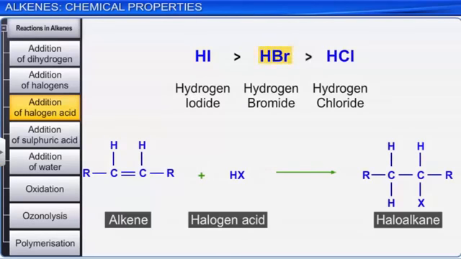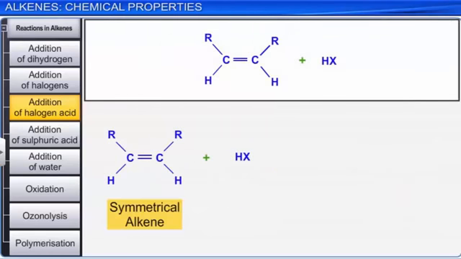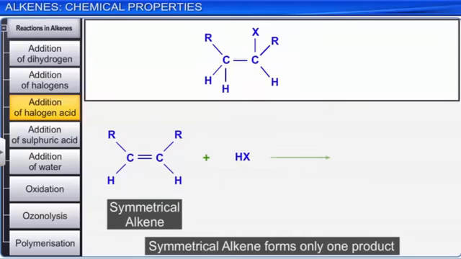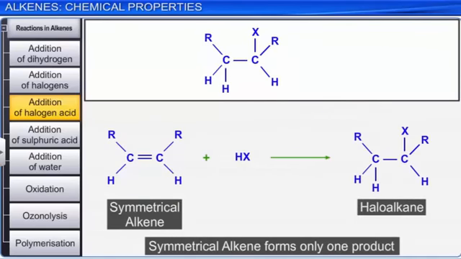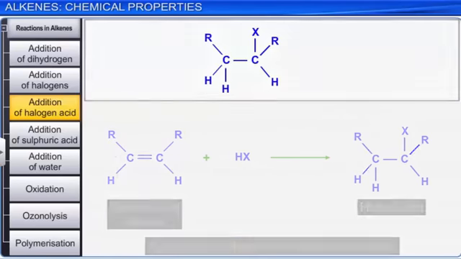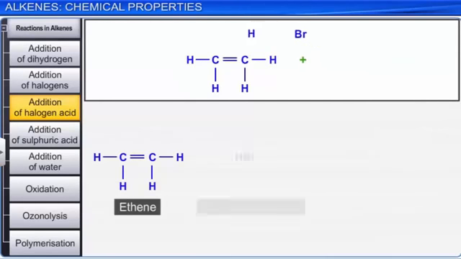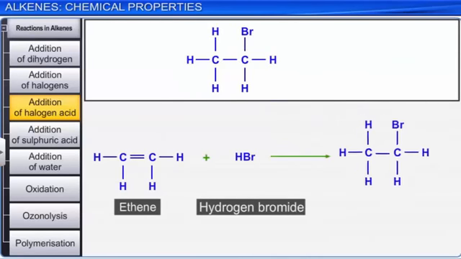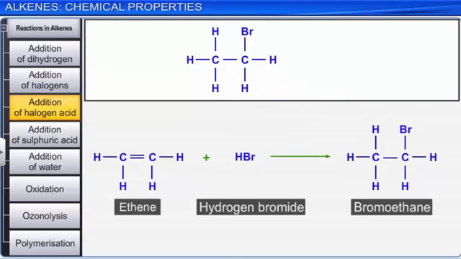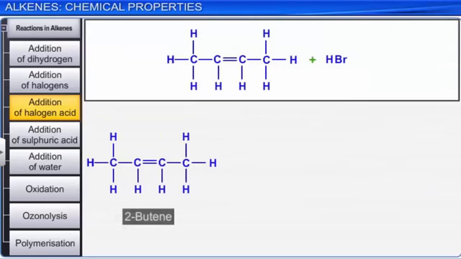In the case of symmetrical alkenes, only one product is formed. For example, ethene on reaction with hydrogen bromide gives bromoethane. Or 2-butene with hydrogen bromide gives 2-bromobutane.